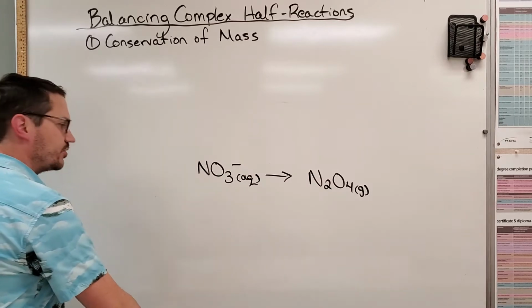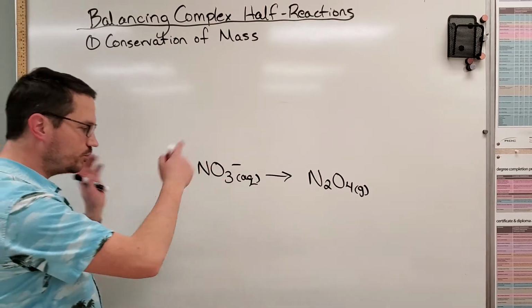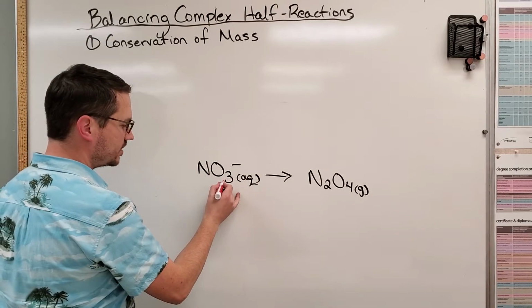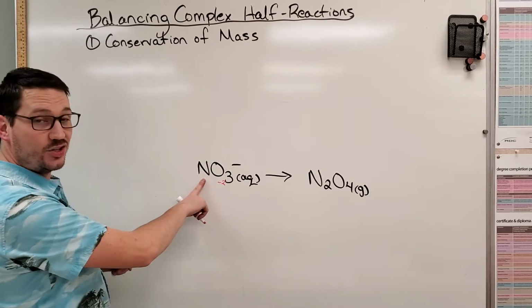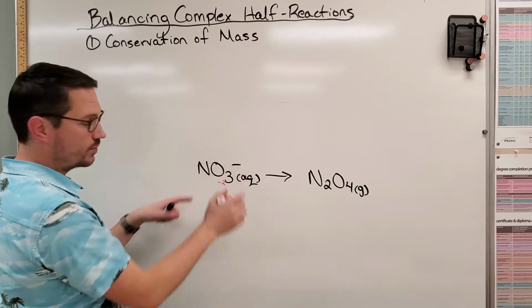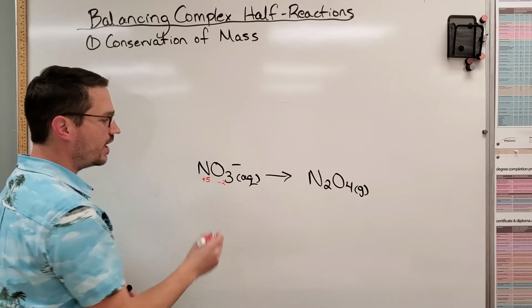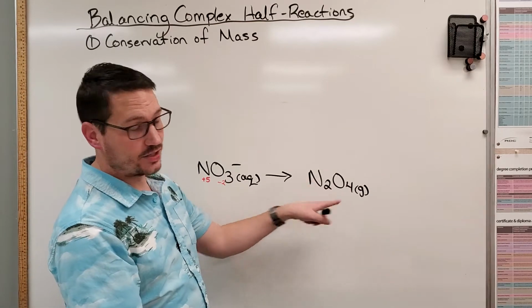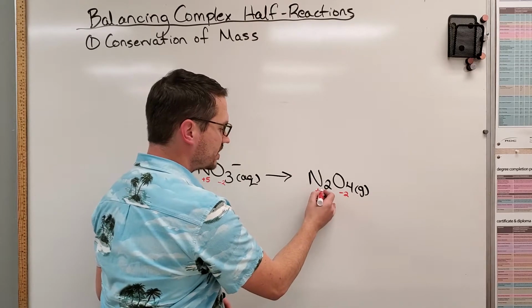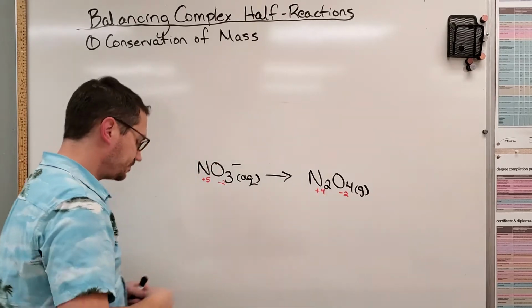And let's just double check what's going on here. If you work out the oxidation numbers, so oxygen's -2, that means the nitrogen has to cancel out 5 out of the 6 because we want a negative charge. So +5. And it's turning into N2O4. Well, if the oxygens are -2, that means the nitrogens have to be +4.